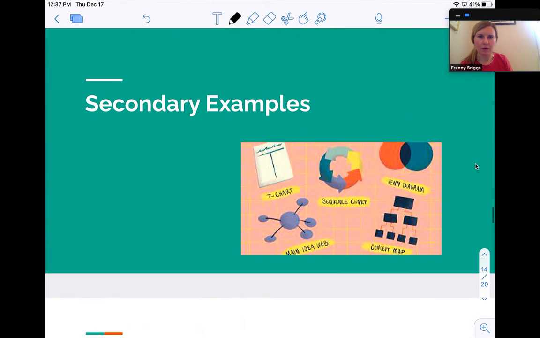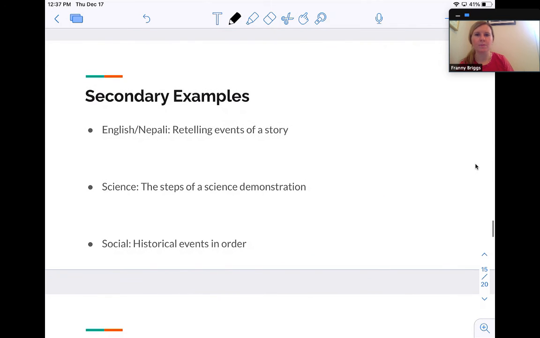All right, so now we're going to look at some secondary examples. So for English and Nepali, and actually for social too, it's basically the same because so much of social is history. And what is history but a story? So English, Nepali, social, when you have these stories, these retelling of events, that's very, very easily suited to a sequencing frame.